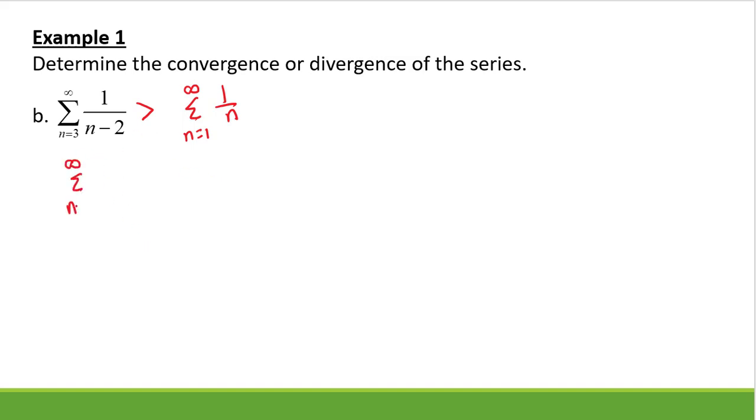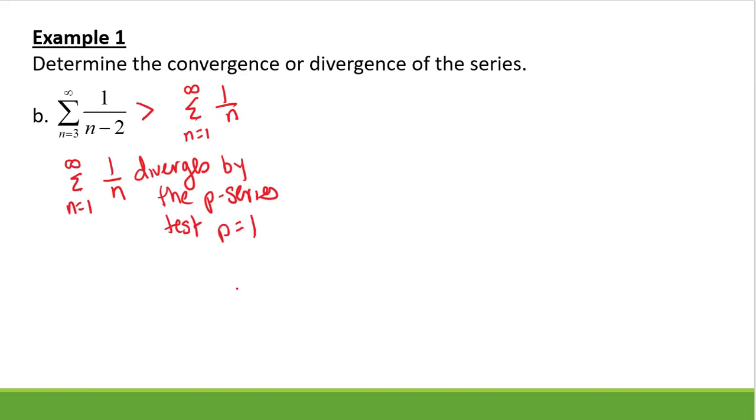We know this series diverges by the p-series test, because p was equal to 1. You could also say this is a harmonic series, which also diverges. Okay, so the smaller one diverges. That's going to make the larger one also diverge.